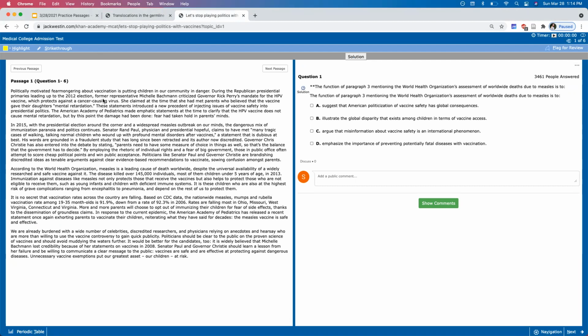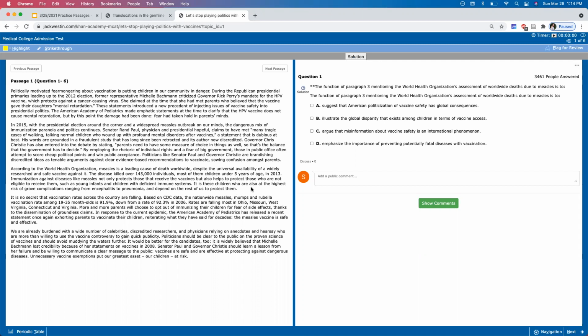So paragraph 1 was talking about the fear of vaccines and how parents started fearing them. Paragraph 2 mentioned some politicians who created more confusion and studies that didn't really have good claims.